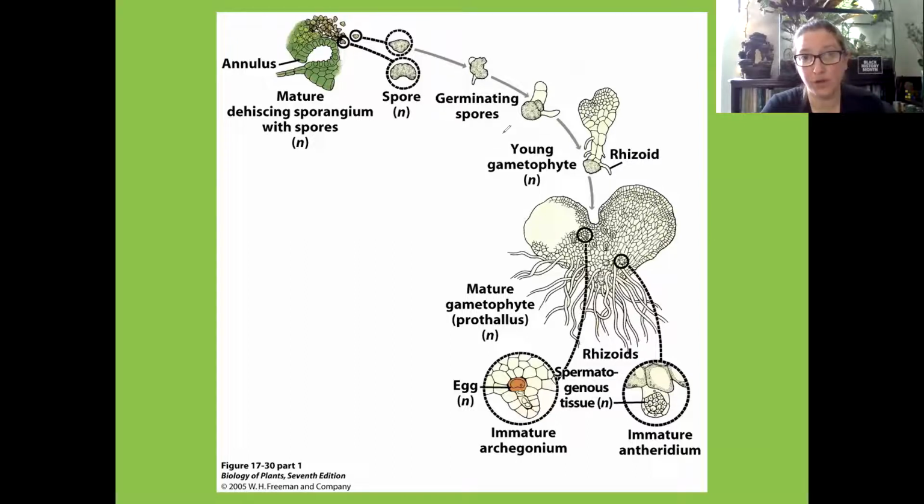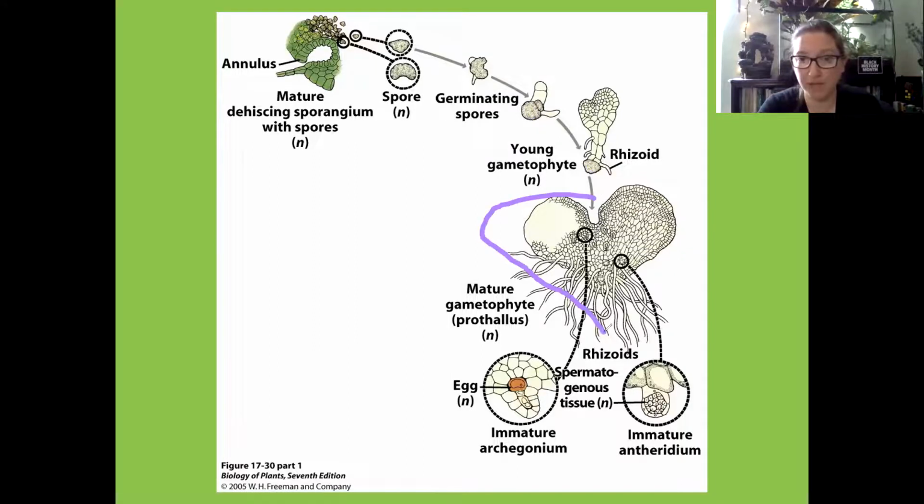The gametophytes are going to grow exosporically, or outside of the spore wall. So this darker thing here is a spore wall. The thing emerging from it is the gametophyte plant.